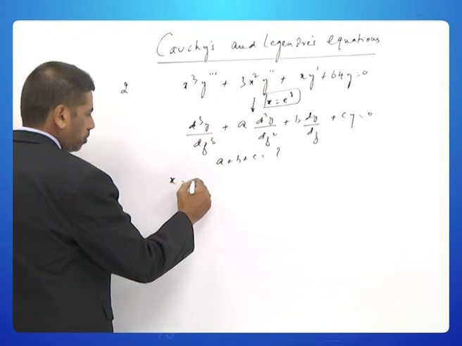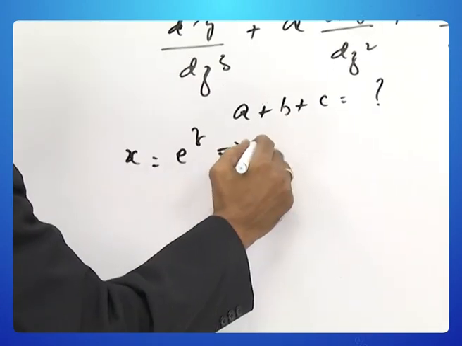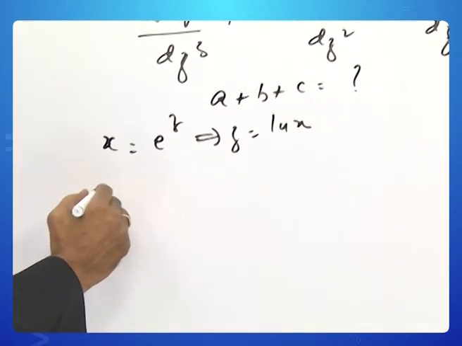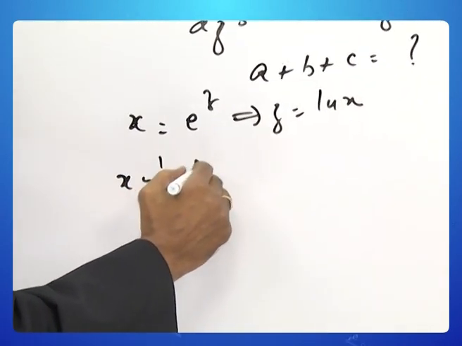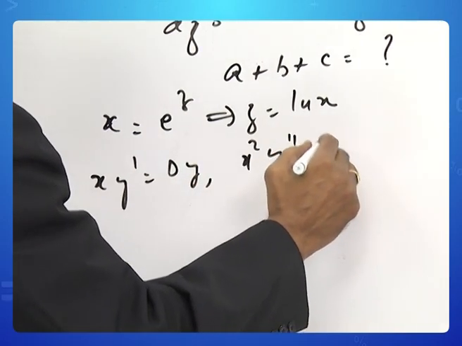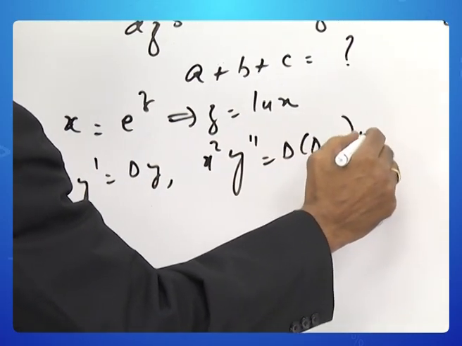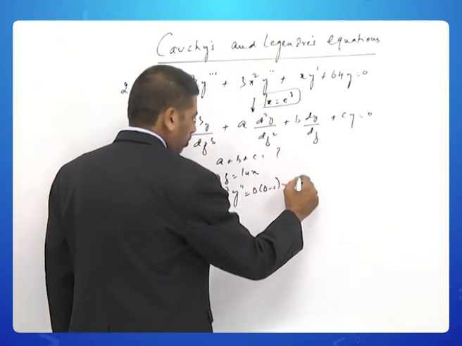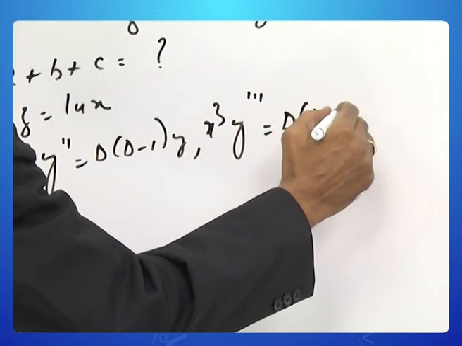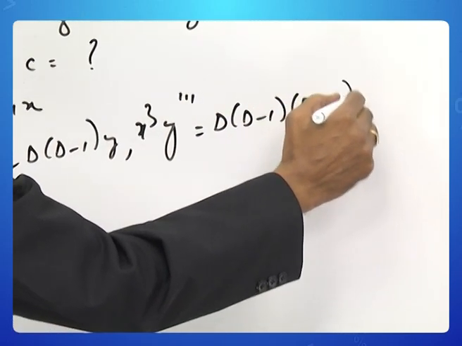So, x is equal to e power z implies z is equal to log x, and as explained xy dash will be Dy, x square y double dash will be D into D minus 1 into y. We also have x cube y triple dash in this problem. So, D into D minus 1 into D minus 2 into y.